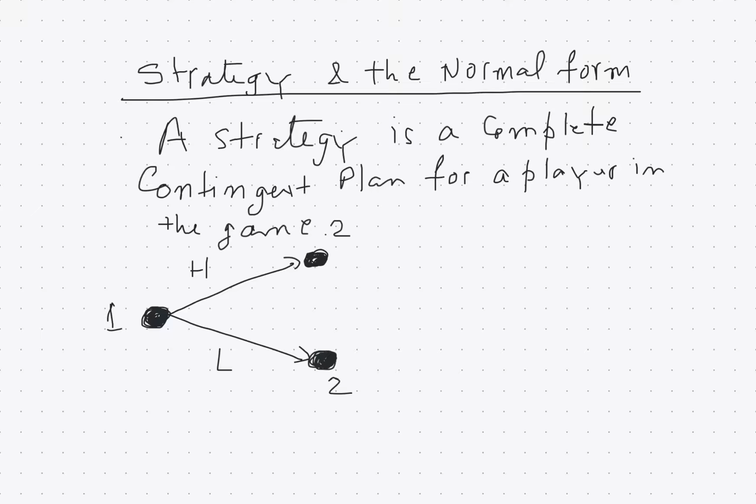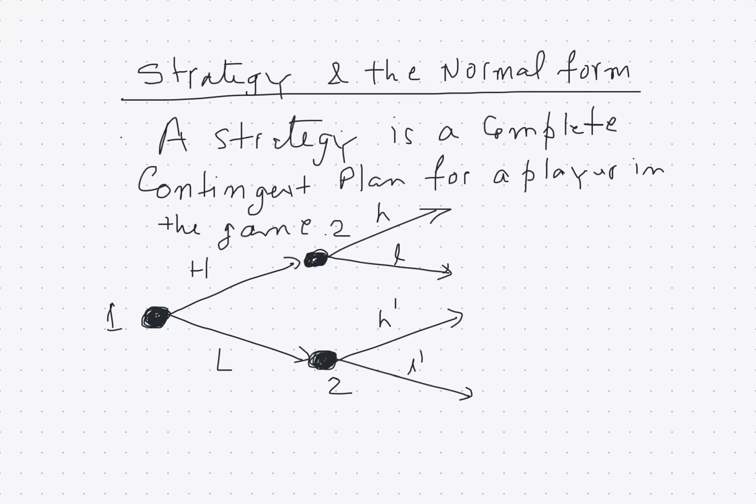So let's say player two also has two strategies to play the game: charge a high price or low price. And same here, high price or low price. So I'm using prime, H prime and L prime, to denote that it's at a different node, but the strategy is the same here.